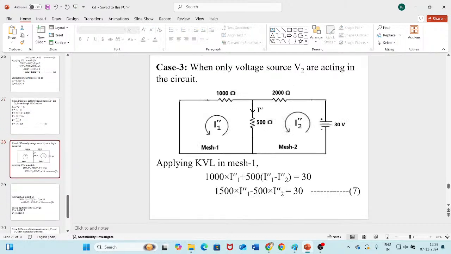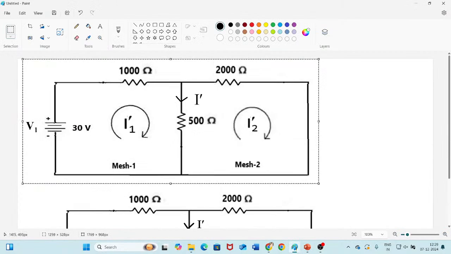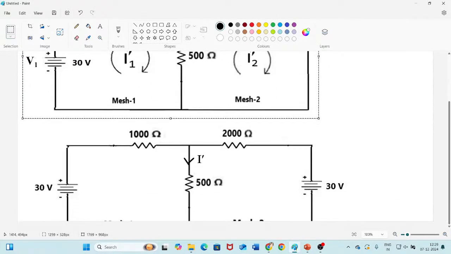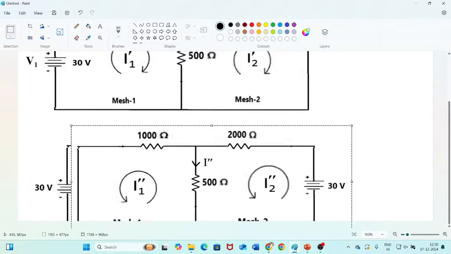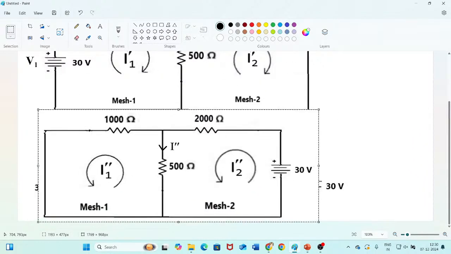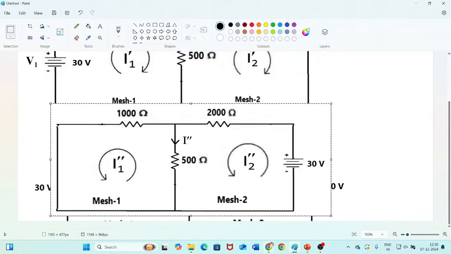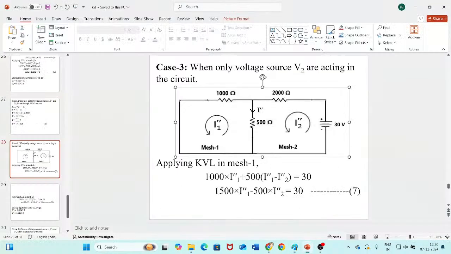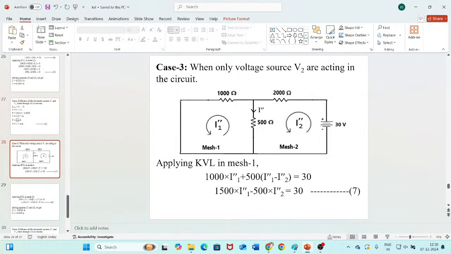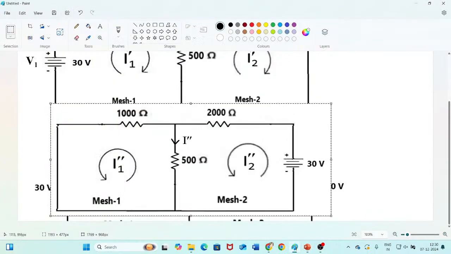Now let's go to case 3 when only voltage source V2 is acting in the given circuit. No need to copy everything, it is available here. I have to write V2. That's it.